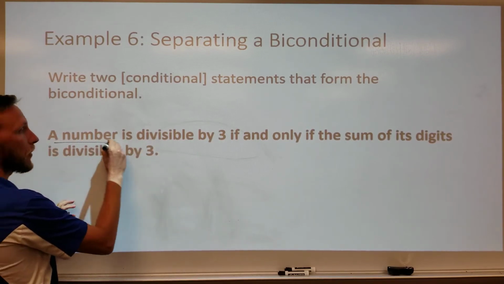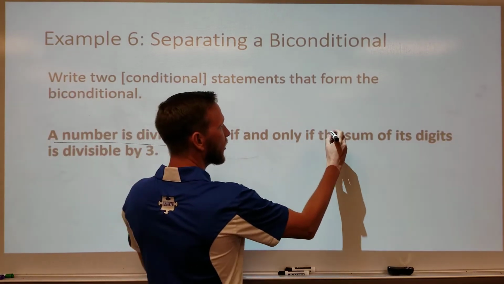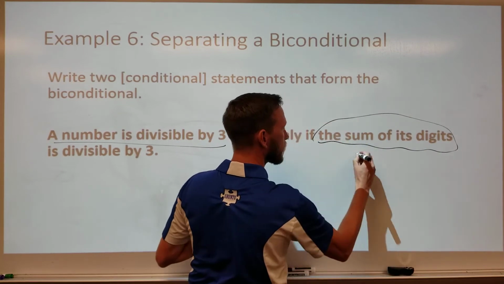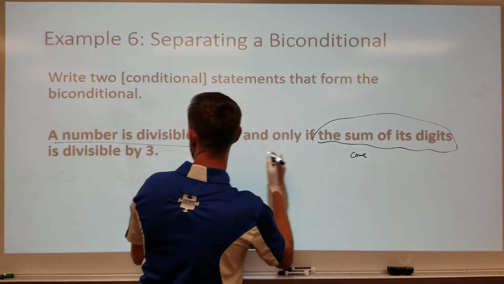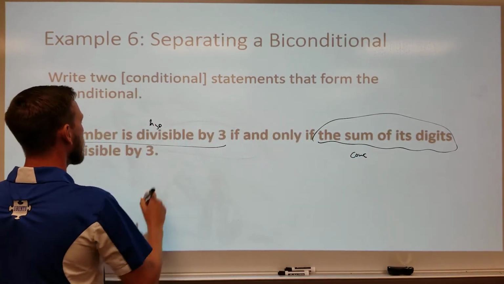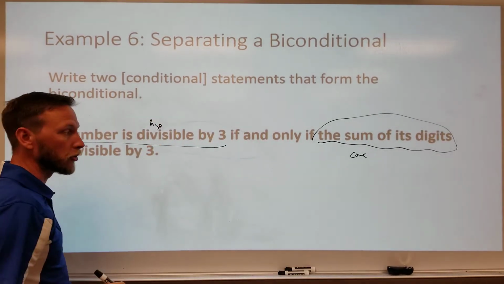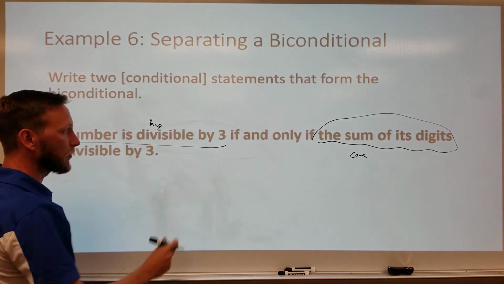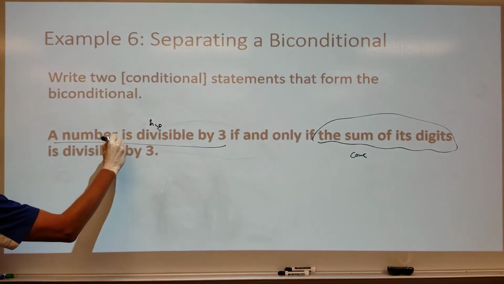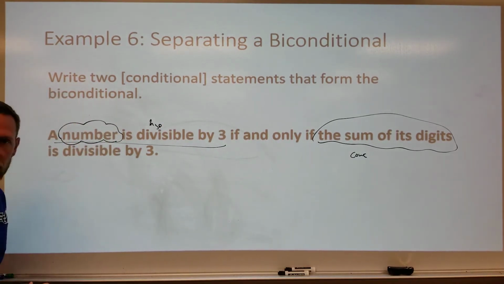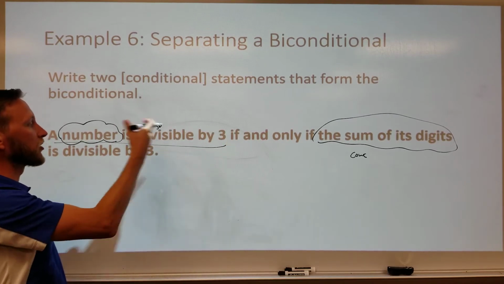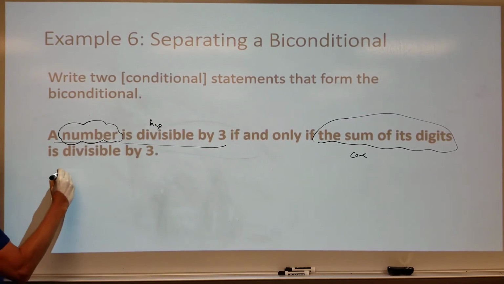If this is my hypothesis, and this part is the conclusion, that's our Q, that's our conclusion, this is our hypothesis, then we can write our 2 conditional statements. The first I'm going to do if hypothesis, then conclusion. The second I'll say if conclusion, then hypothesis. Again, paying attention to keep my subject, my noun, not my pronoun form, but my subject in the beginning of our sentence.